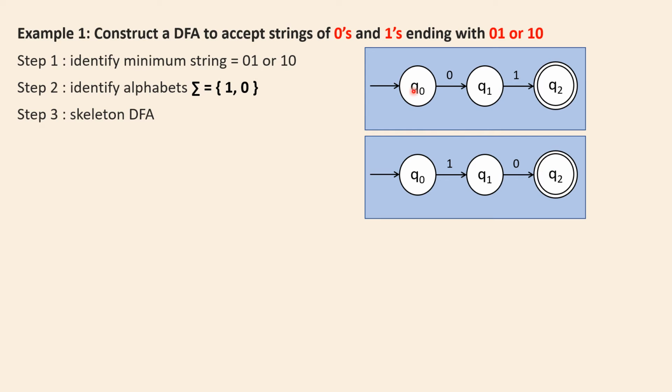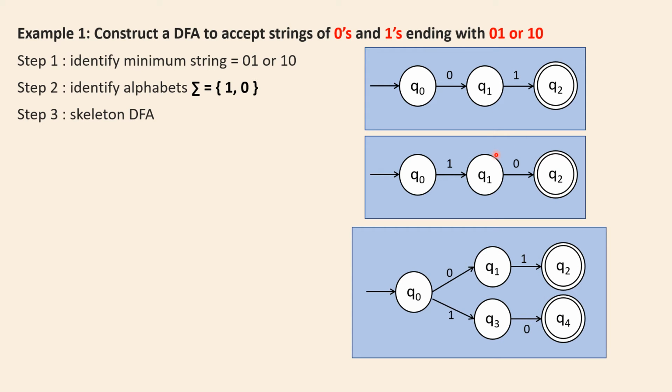Now in DFA I can never have two start states. I can always have only one start state, but I can have n number of final states. So when I club these two skeleton diagrams together, I am having one start state where I have 0, 1 accepted here in Q2 and I have 1, 0 accepted here in Q4.